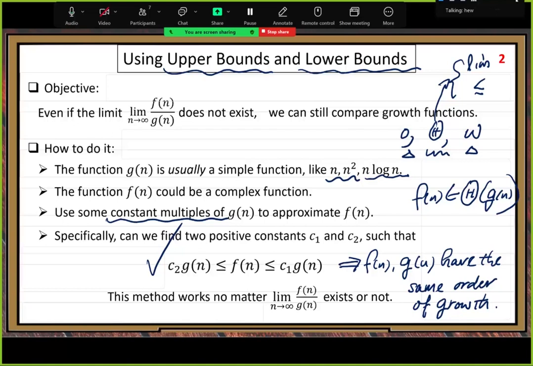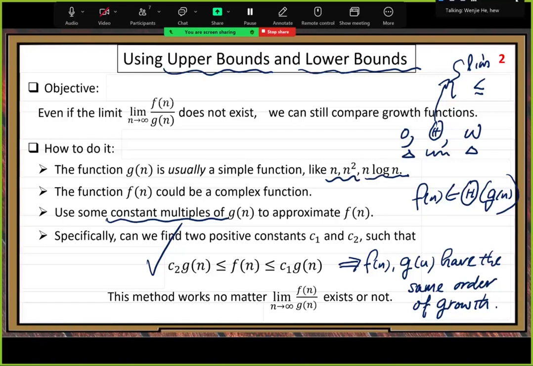So here, another point I want to mention. When we calculate the limit, it's possible that the limit does not exist, but these 2 functions have the same order of growth.